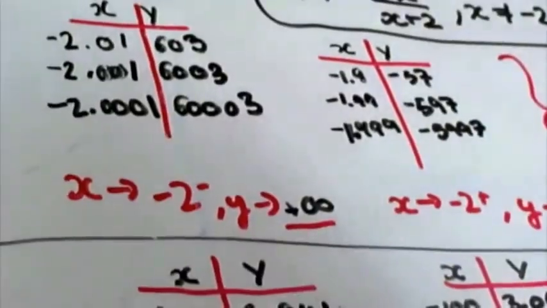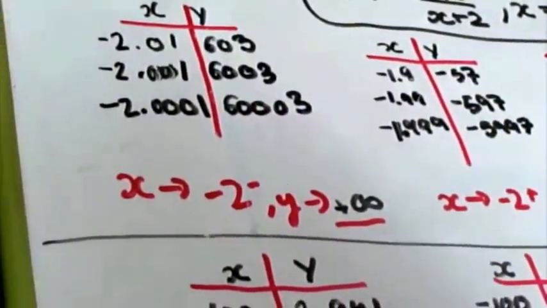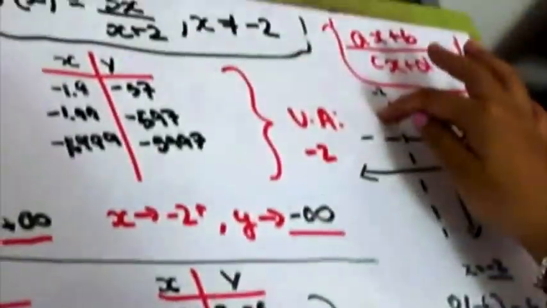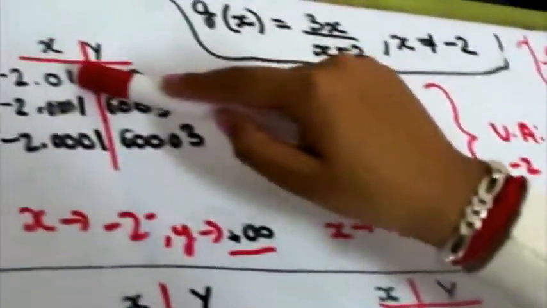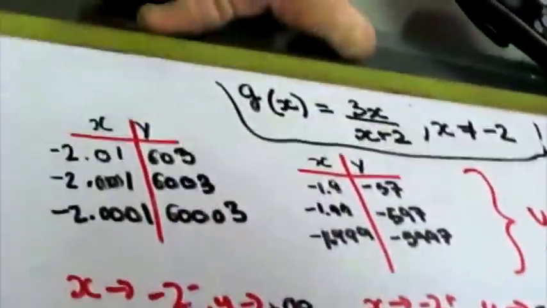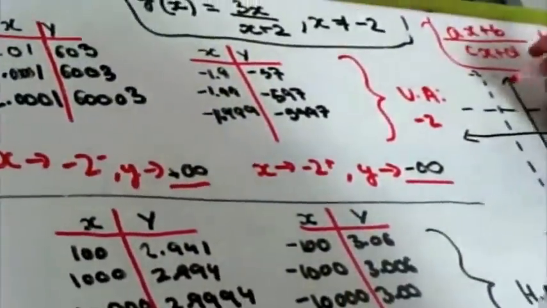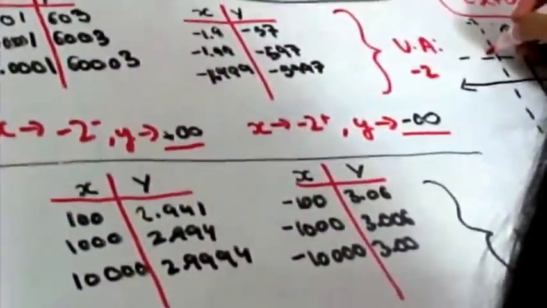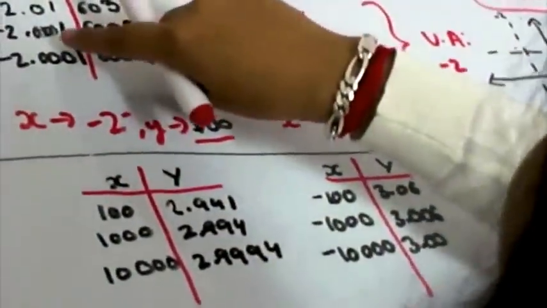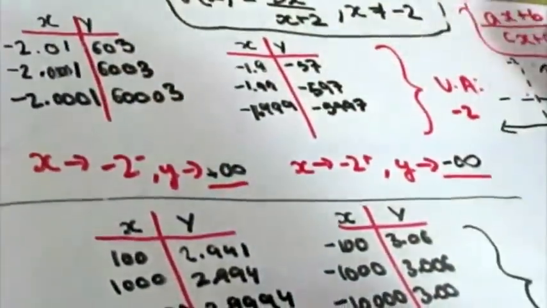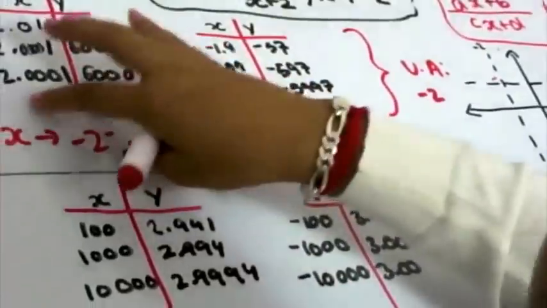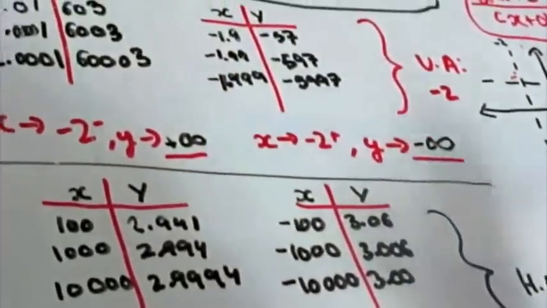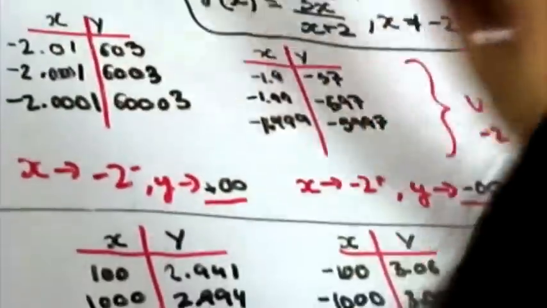If we select values really close from the left of -2, we can see that -2.01, if we really zoom into the function, is going to be somewhere over here, and then -2.001 is going to be even closer, and -2.0001 even closer. So we can see that these x values approach the asymptote.